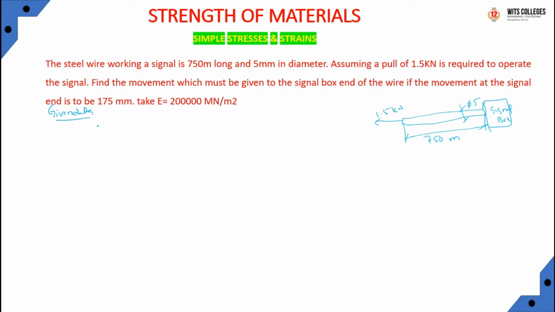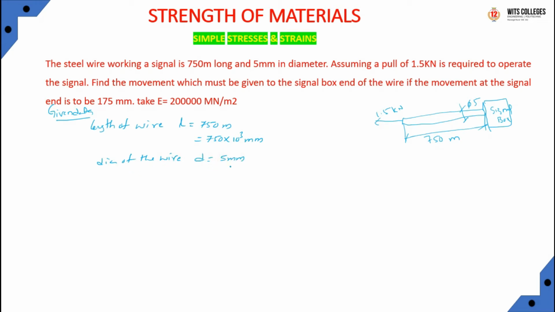Length of wire L equals 750 meters, which is converted into millimeters as 750 into 10 power of 3 millimeters, and diameter of the wire D equals 5 millimeters.